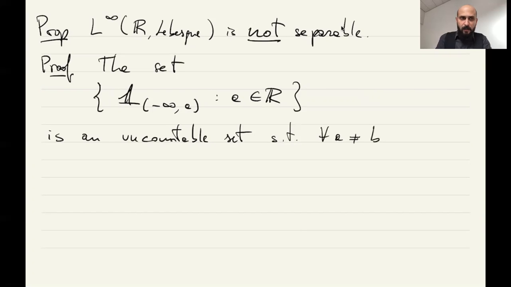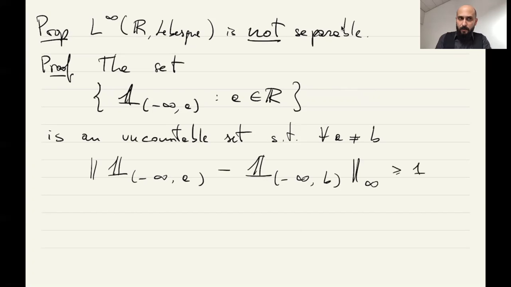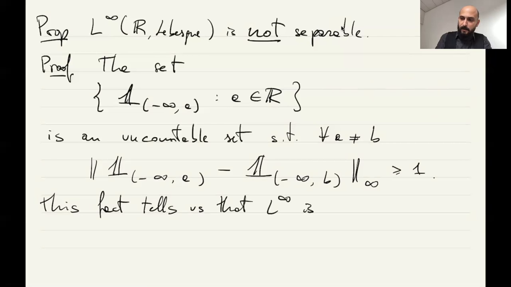If you take A different from B, then the same calculation as before tells us that the difference of these functions has a point with the value 1, and therefore the sup norm is exactly 1. And this fact tells us that L infinity cannot have a countable dense set. End of the proof.